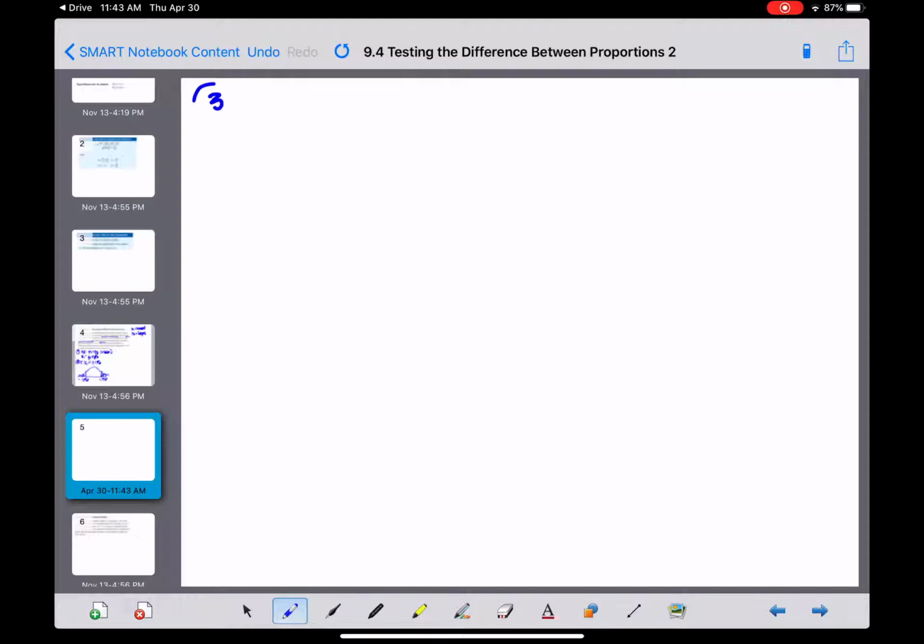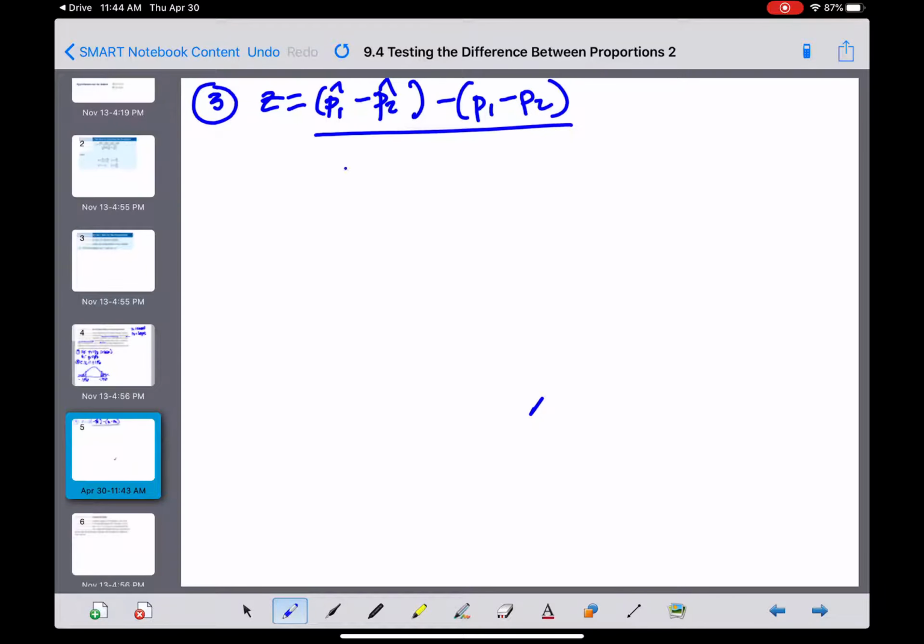Step 3. Our test statistic, I'm going to write that down so we know what we need to find: p1 hat minus p2 hat minus p1 minus p2, over the square root of p bar q bar times 1 over n1 plus 1 over n2. We need p1 hat.